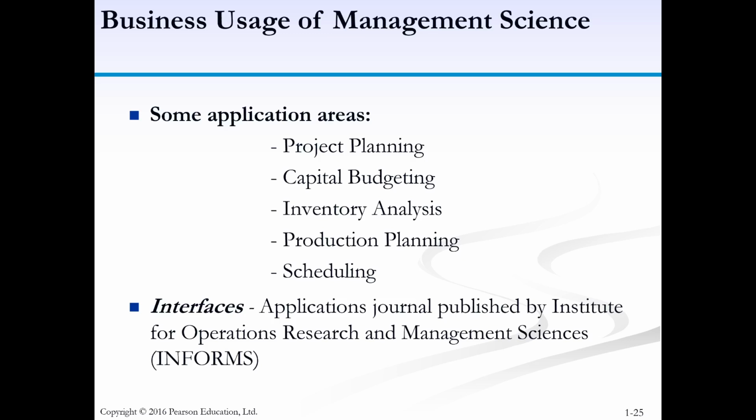Also capital budgeting, inventory analysis, production planning, scheduling, etc. These are the different areas in which the management science models discussed in this book can be used. Another thing is the Interfaces application journal, which is published by the Institute for Operations Research and Management Science. This is another good source to look at.